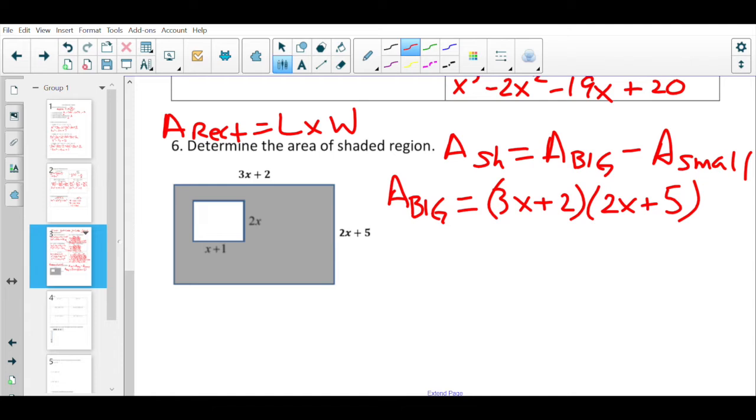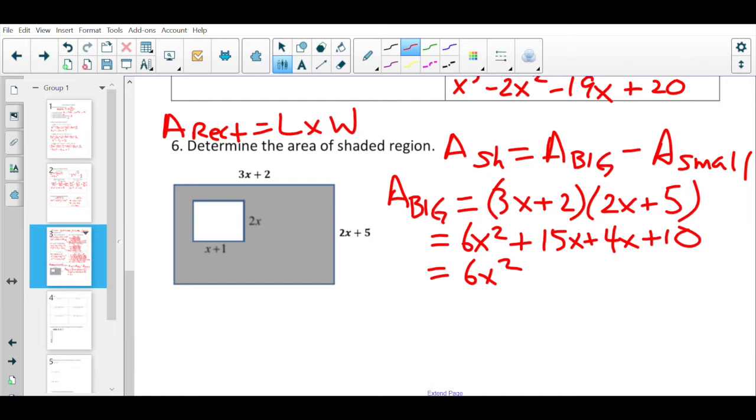And now we just have a problem where we're multiplying two binomials, and we know how to do this. Let's do the FOIL method: 6x squared plus 15x plus 4x plus 10. And that's 6x squared plus 19x plus 10. So that's the area of the big rectangle.